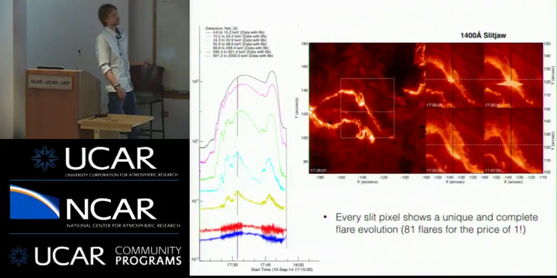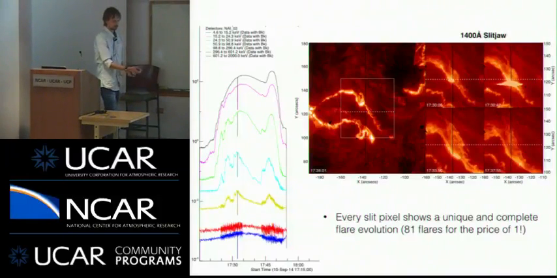So at each pixel along the slit, the ribbon is crossing new undisturbed chromosphere. Essentially you have a chromosphere that's being activated by the ribbon as it passes through it, and you're observing this at high cadence each time for each single pixel. For around 80 pixels in this section along the ribbon, you basically have a unique flaring event. So you can look at almost a statistical view of a flare for a change.